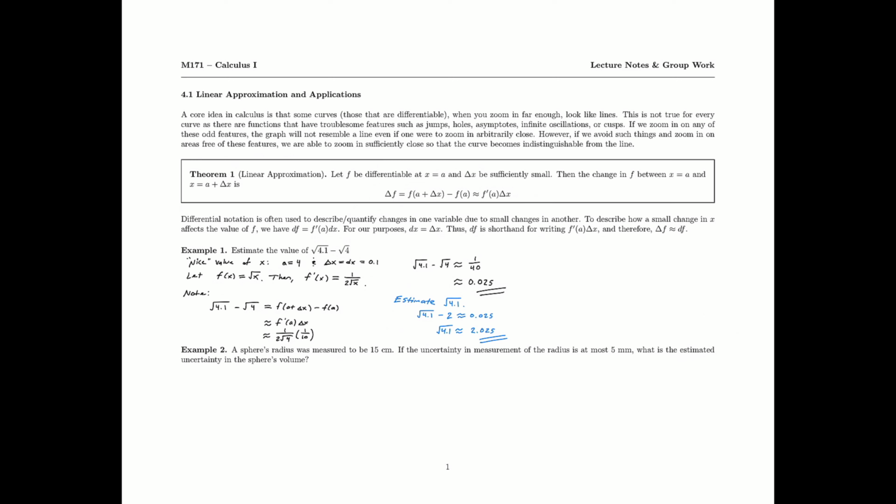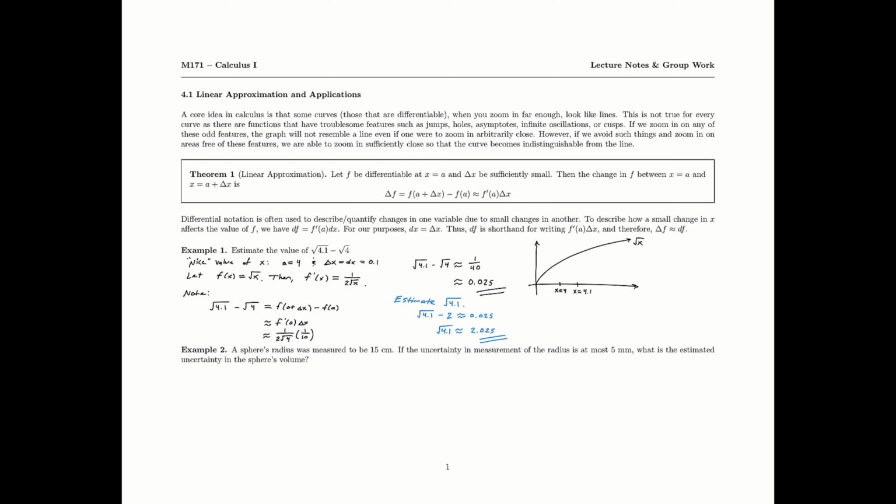Now, geometrically, what's going on here? It's really important to understand geometrically what linearization is doing. If I graph the square root function, so here's our square root function, then if I have some value x equals 4, I'm going to exaggerate this, so I'm going to put 4.1 over quite a bit, but get the idea.